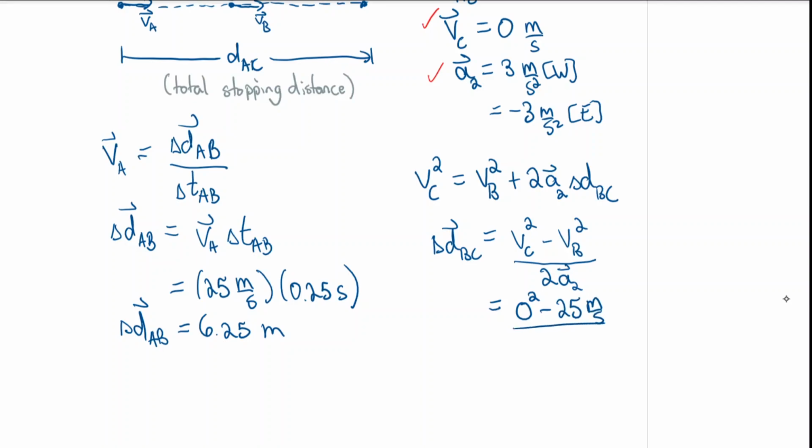And then I'm going to put in my acceleration, which is negative, right? Because it's west, it's going to be -3 meters per second squared. So be careful of that. We're going to now do 25 divided by 2, divided by 3.